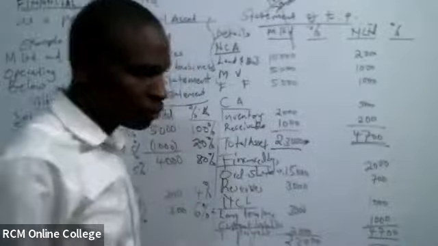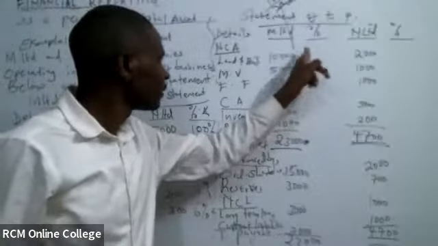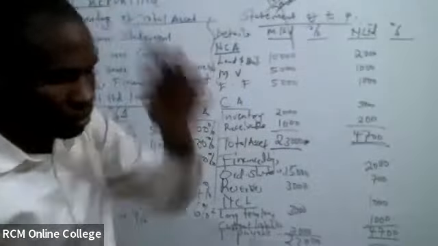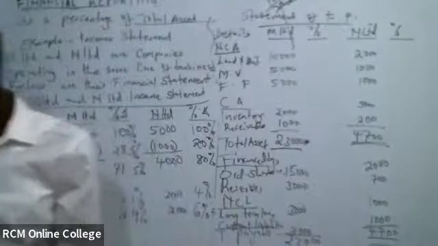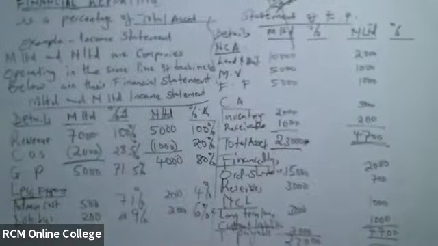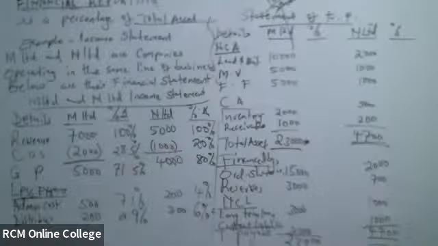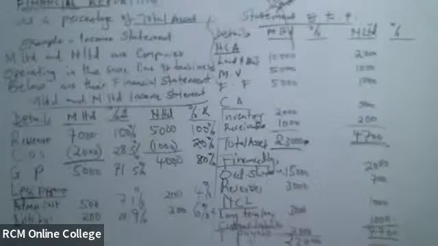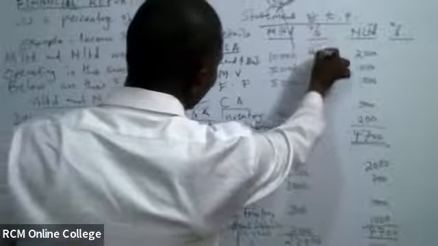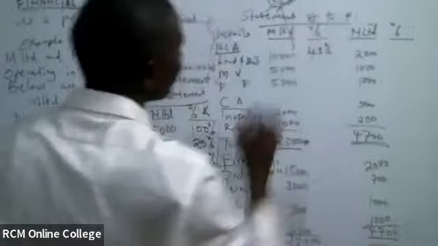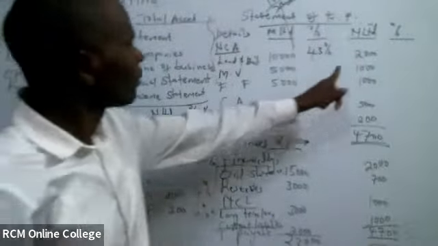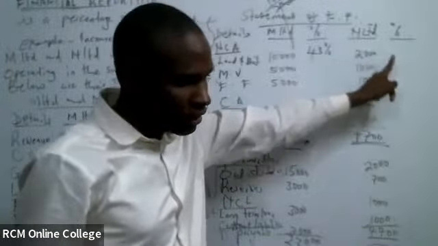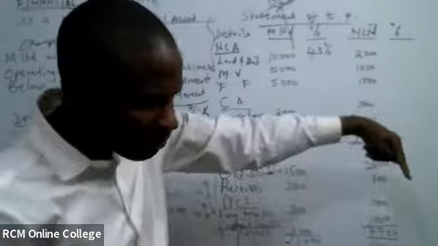What will it be? So we get the percentage for land and building. 43.5%.